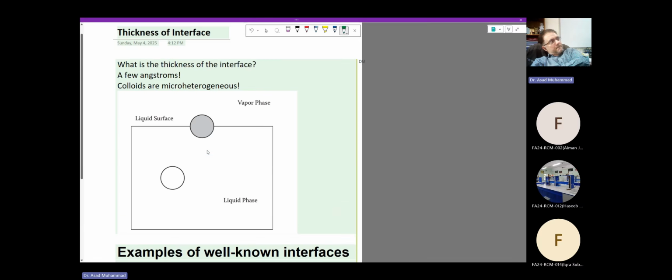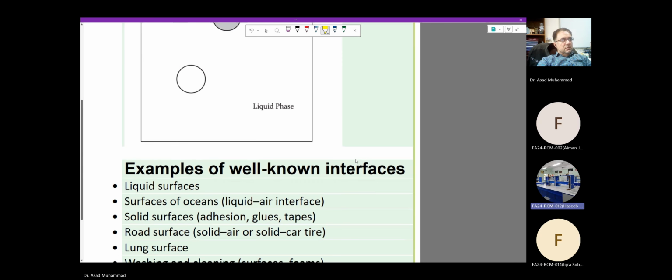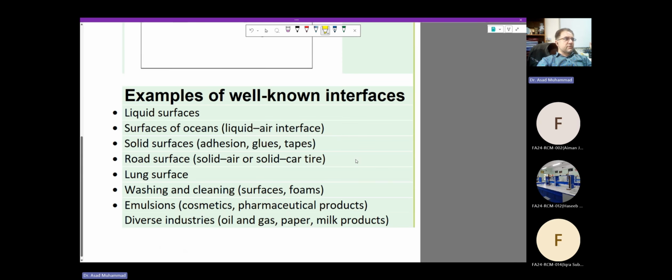So we will see the importance of these few-angstrom-thick surfaces. We have some examples of well-known interfaces. For example, liquid surfaces, such as the surface of the ocean.